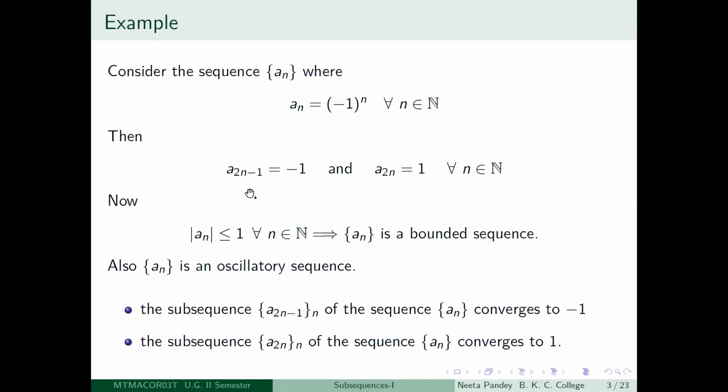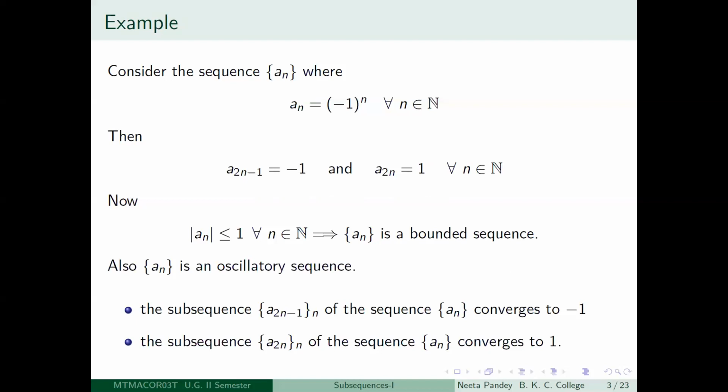Okay, so this is our given sequence, and obviously this is a bounded sequence because it takes only two values, -1 and 1. So the modulus of a_n is less than or equal to 1 for every positive integer n. I have written less than or equal to, but actually it is equal to 1. So it is a bounded sequence also.